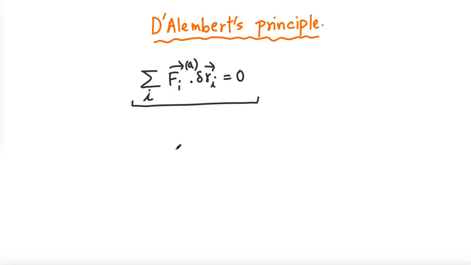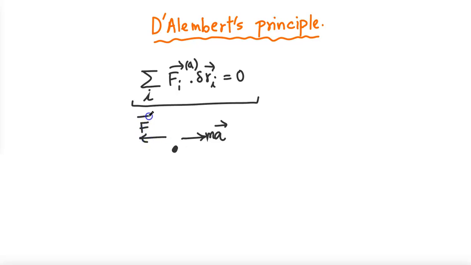Suppose I have a particle, and it is not in equilibrium, it is accelerating, maybe in this direction with a certain acceleration a bar. That means there is a force in this direction. We'll call this m a bar. Now, what D'Alembert's principle states is that you apply an equal and opposite force on this particle.